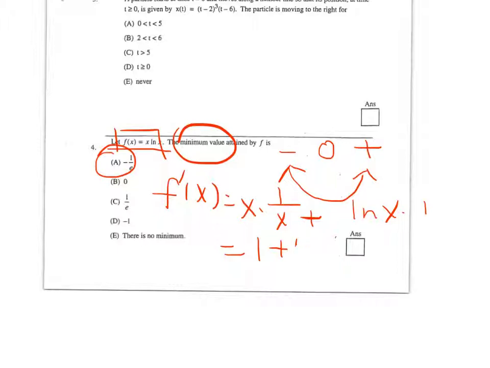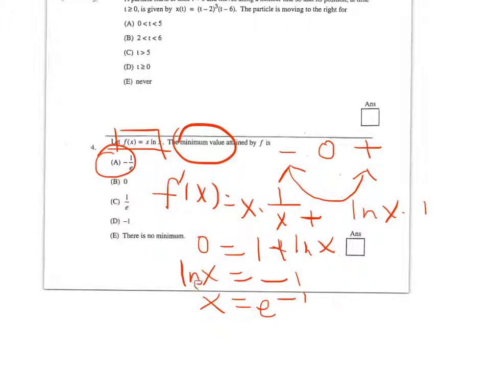This looks terrible. When this equals 0, ln x equals minus 1. Algebra. So now what you should do is understand that x is e to the power of minus 1. x equals e to the power of minus 1.